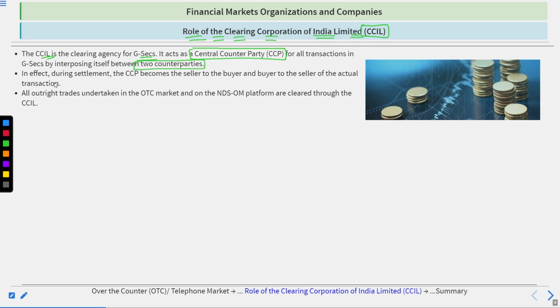In effect, during settlement, the CCP becomes the seller to the buyer and the buyer to the seller of the actual transaction. All outright trades undertaken in the OTC, over the counter market, on the NDS-OM platform are cleared through one common organization, known as the CCIL, the Clearing Corporation of India Limited.